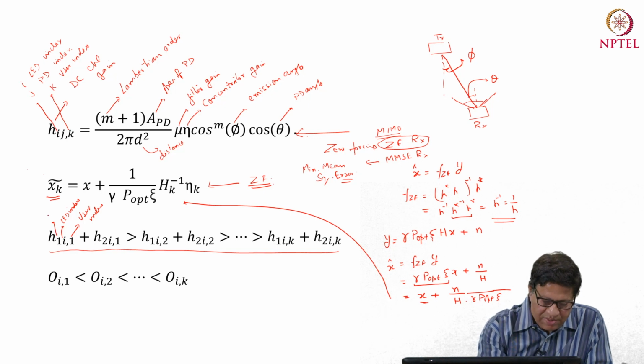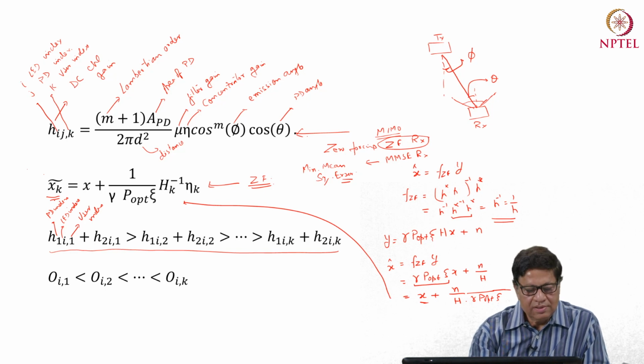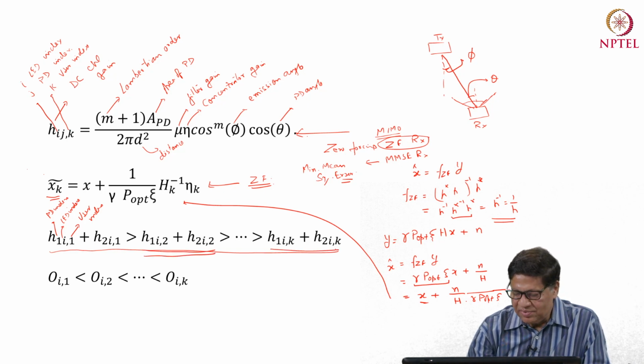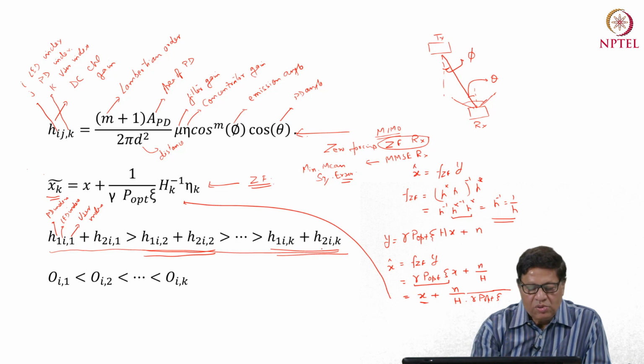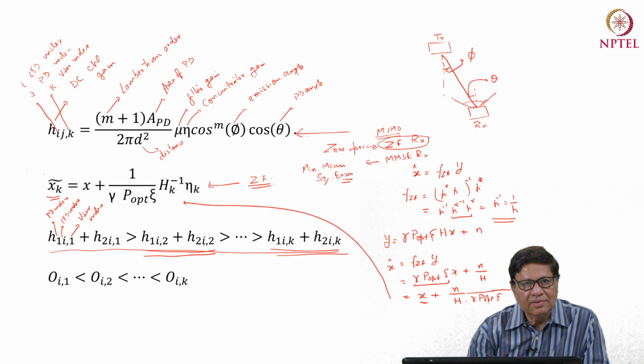And this is the photodiode index, PD index. So basically I will see the DC channel gain on the user 1 coming from the LED I to both the receivers. Similarly, this is for the user 2, this is for the user K. So I will find out an order, and this is a decreasing order which I have fixed.